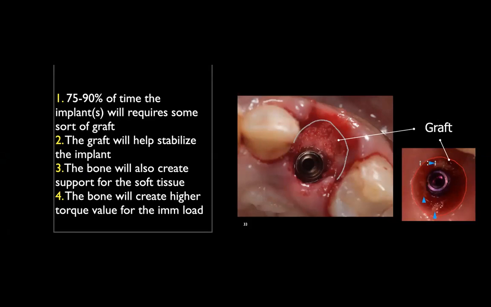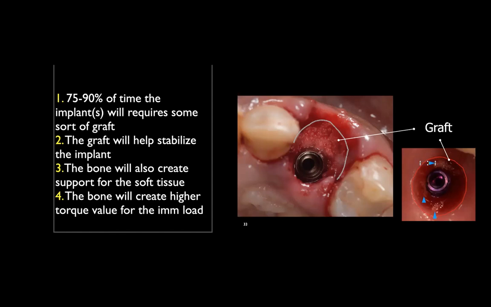If it's 2 millimeters or higher, you graft. If it's 2 millimeters or lower, you don't need to graft. But even with that less than 2 millimeters, I like to put some bone in there, and I'm going to explain to you why I do that.